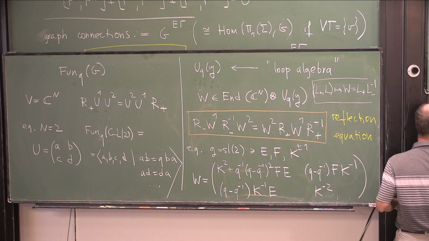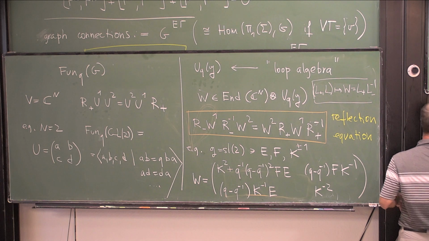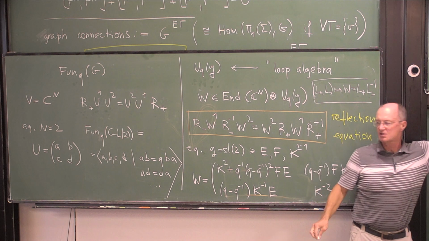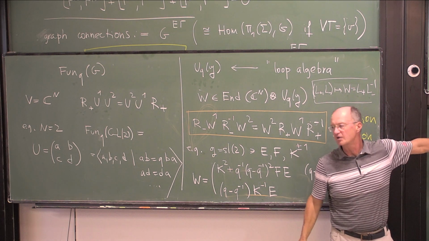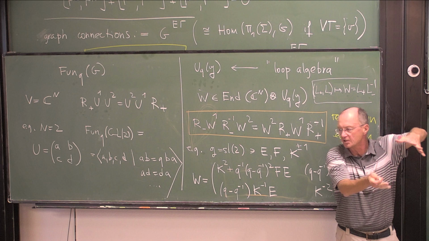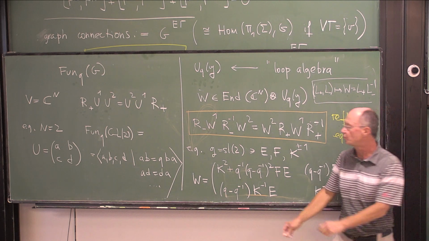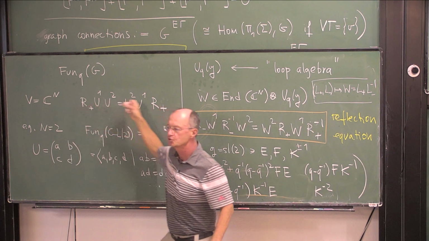Maybe that's a disk, you have two points at the boundary, and that's your graph. The disk contracts to that graph. So this is one point, that's the other point, and they correspond to those two R matrices.